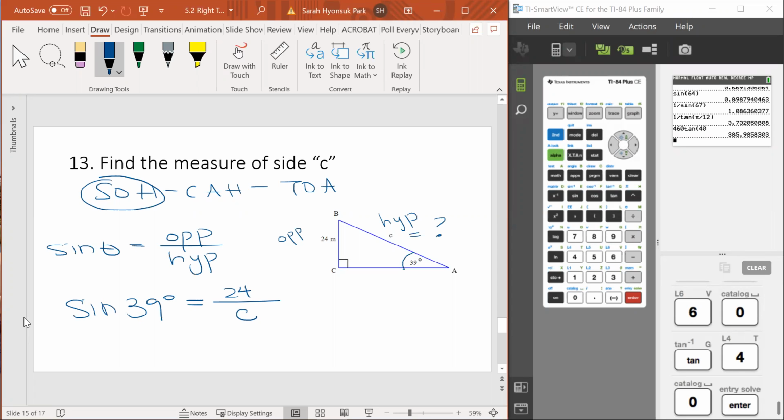Okay, so to solve for C, we have to get C out of the denominator. And so we get C times sine of 39 degrees is equal to 24. And now to get C isolated, we can divide both sides by sine of 39 degrees.